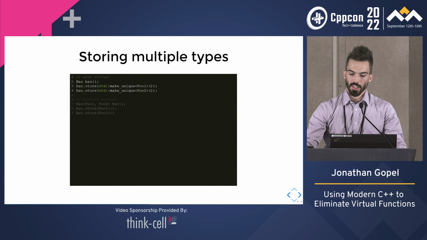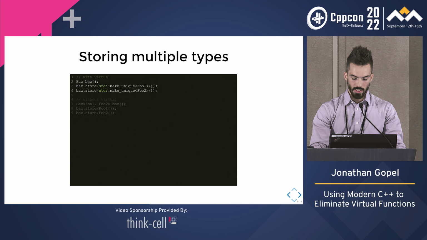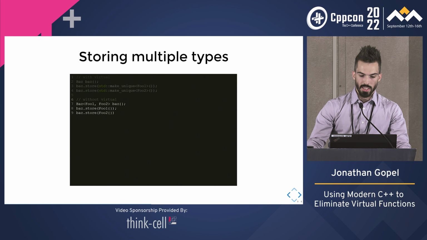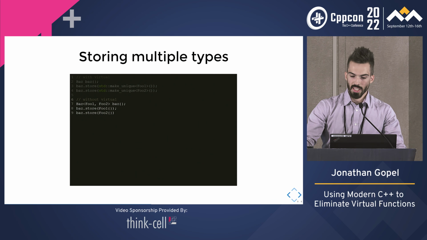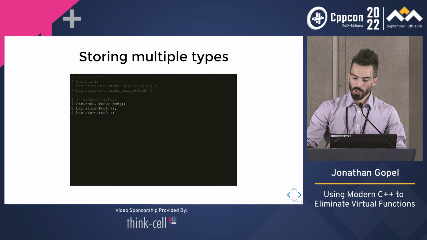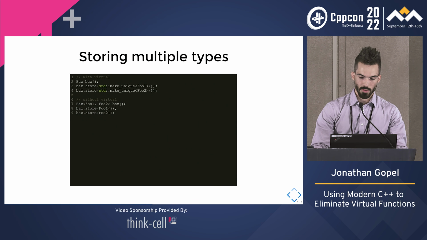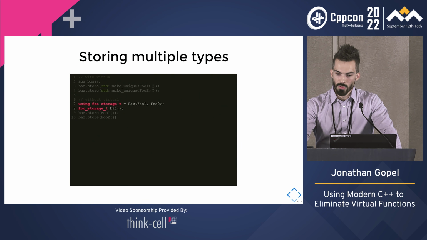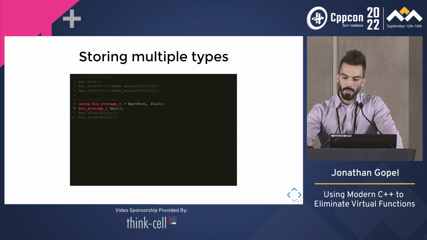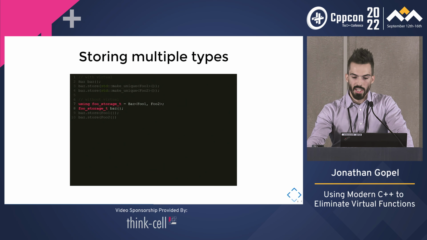So let's look at our implementations here. With virtual, fairly clean. Again, we've got those calls to make unique, which we've been seeing pretty consistently. Less than ideal. Without virtual, we've got our type list again. I wish that would go away, so I made it go away with a using. In a lot of domains, you're going to have one fixed list of types that you're handling.